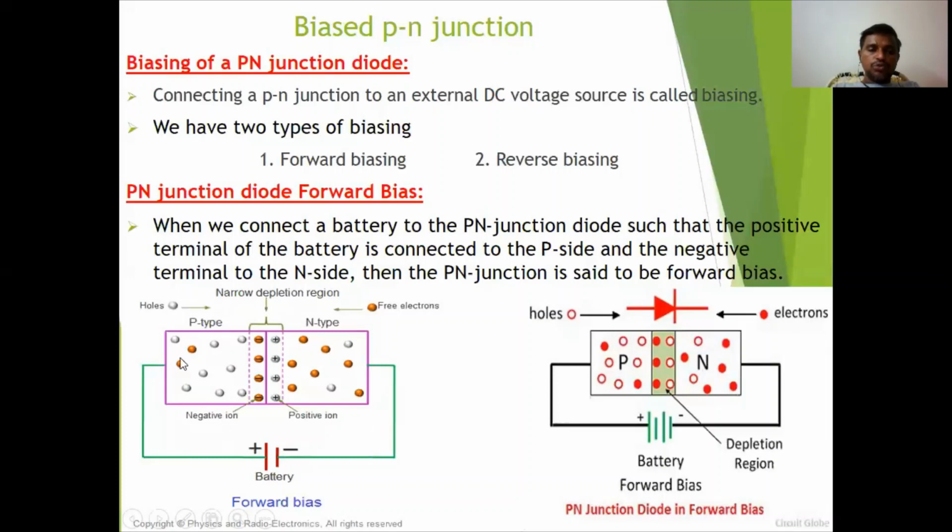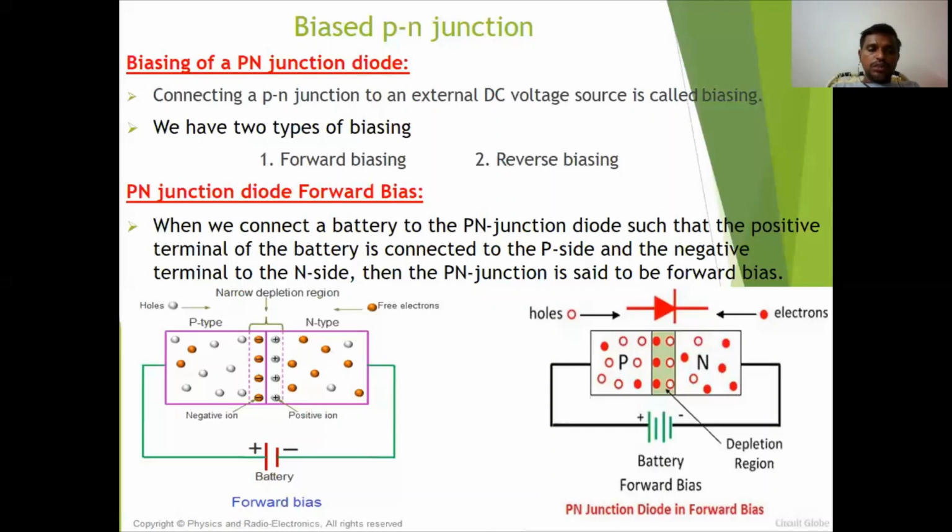So positive and positive polarity, the holes will be repelled. Here the positive terminal is connected to the p-type, so there is a repulsive force between the positive terminal and the holes. Similarly, the negative terminal and the electrons have the same polarity, so they will repel.